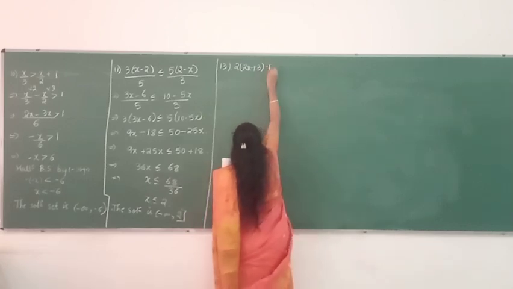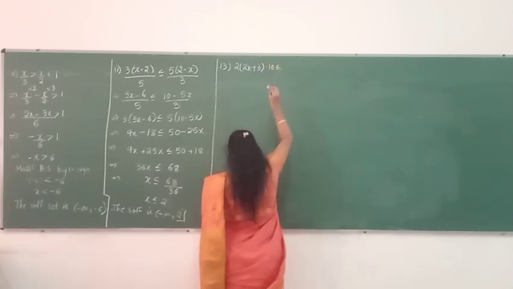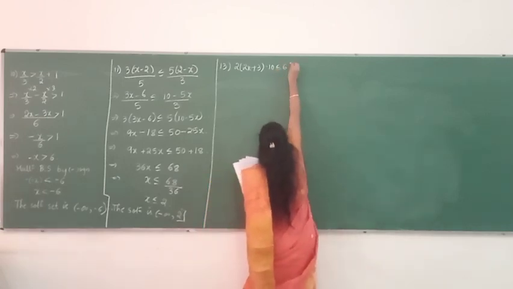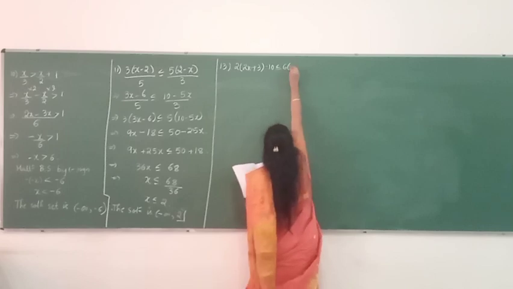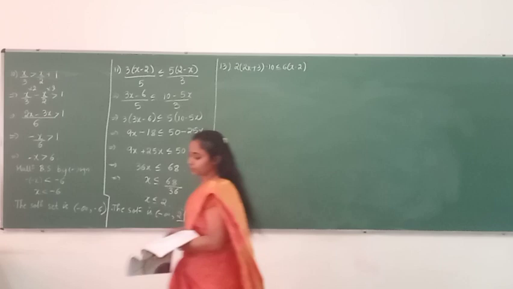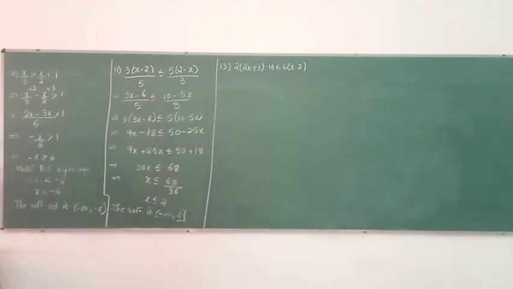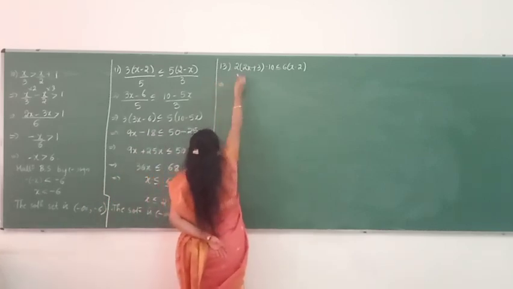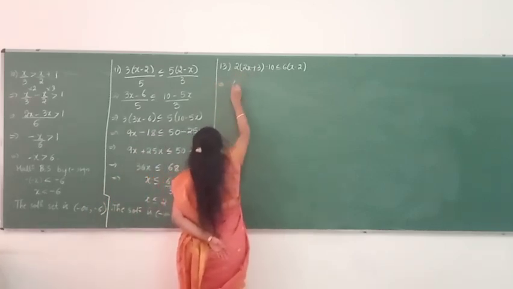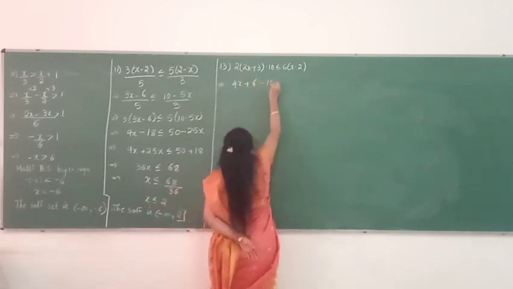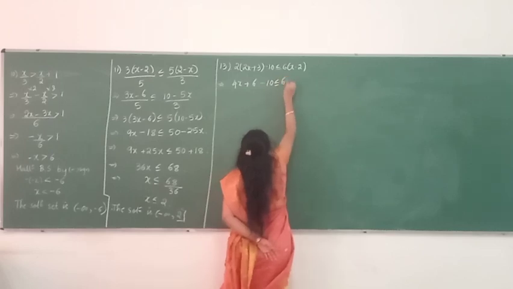Minus 10 is less than 6 into (x minus 2). So multiplying 2 inside, 2 2s are 4x plus 2 3s are 6 minus 10 is less than 6x minus 12.